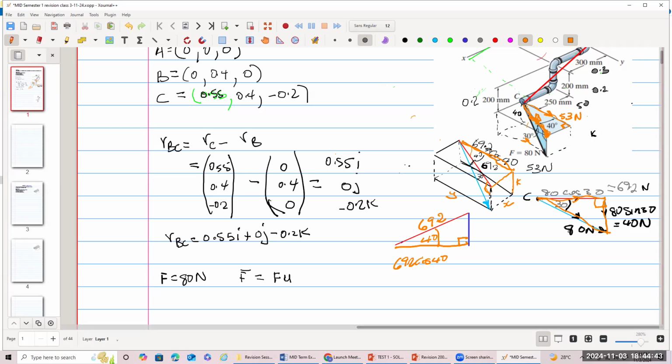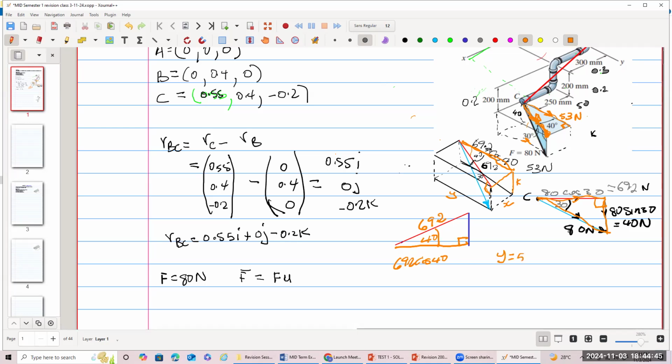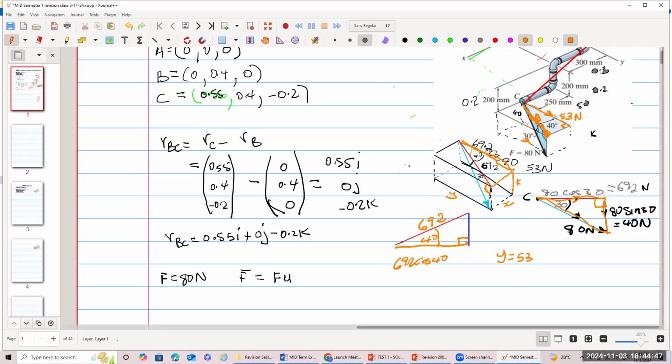So let's put them down. That's y, so we can decide whether they are positive or negative. That's 53 j. And what about the x? What was the x value? Did we work it out? Let's look to see if we had worked it out. 40 newtons.